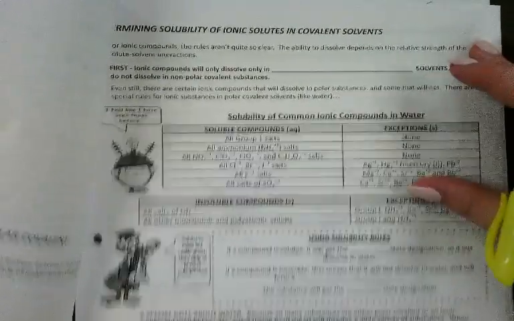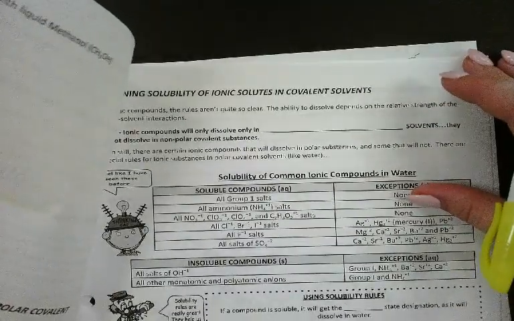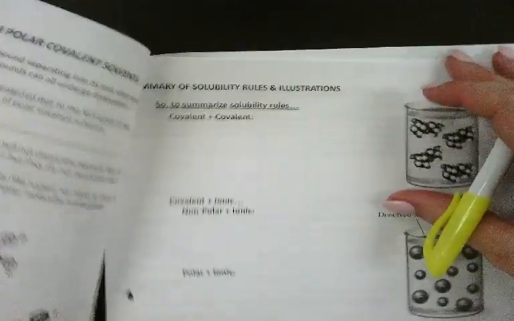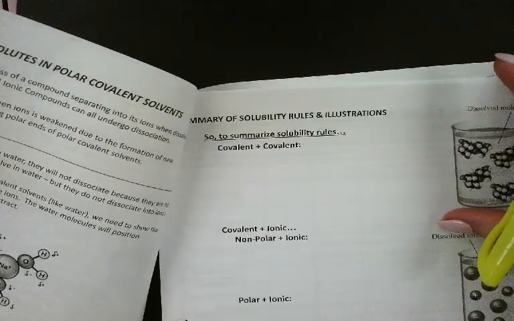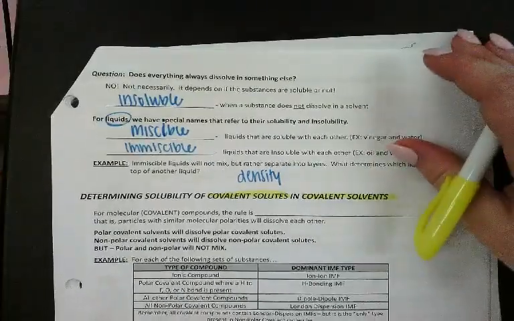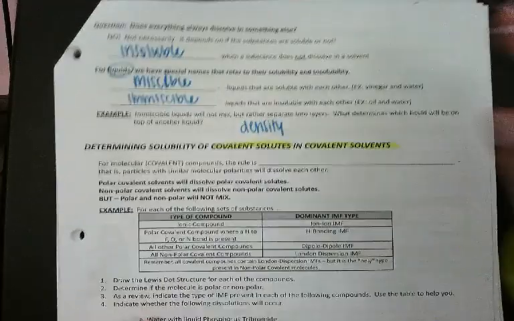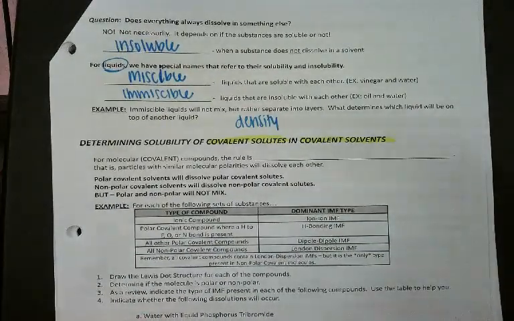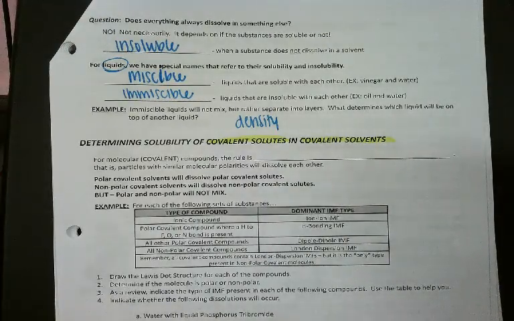Then we're going to be talking about the solubility of ionic solutes in covalent solvents. And then illustrating the dissolving of ionic solutes in polar covalent solvents. So it is very important, okay? And at the end of our notes, we're going to do a quick summary, but it's very important that you are first able to identify if something is covalent, ionic, polar, nonpolar, all of those things, which we did back in Unit 4.